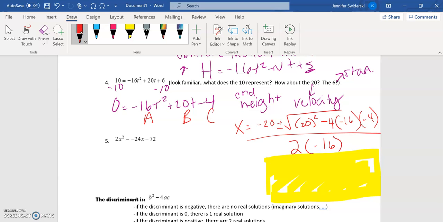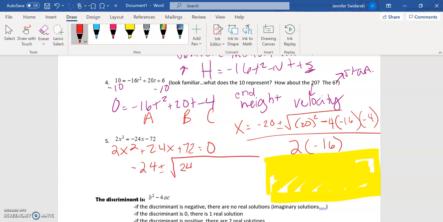Number 5, same thing. Let's set it equal to 0. We're going to get 2x squared, add 24x on both sides, add that 72 on both sides, set that equal to 0. Using that quadratic formula, we're going to do the opposite of b, so negative 24, plus or minus the square root of b squared.